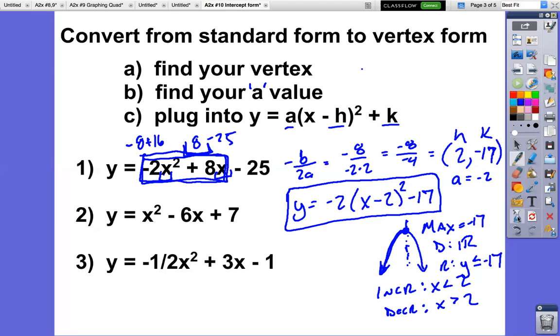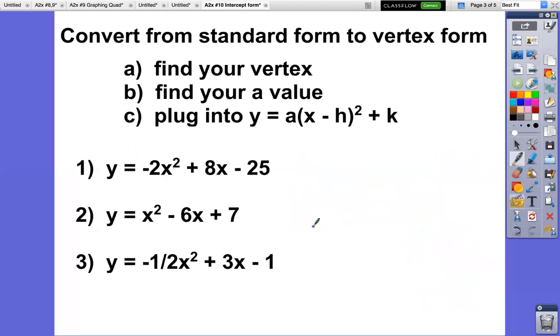All right, little pop quiz, making sure you guys understood that. So what about number 2? Take a second. 2 is the easiest one. Try number 2 on your own. Find your vertex and your A value, and then plug it back in.